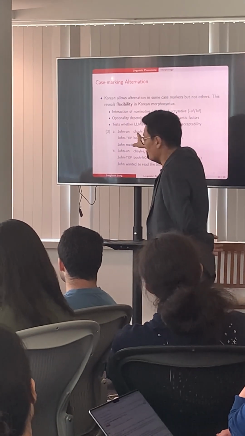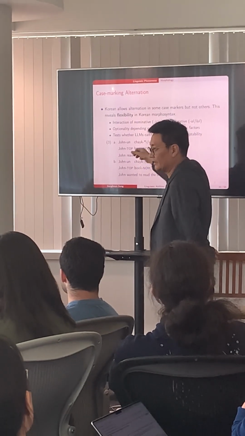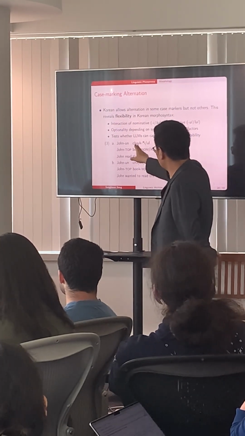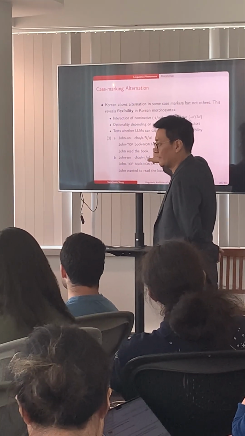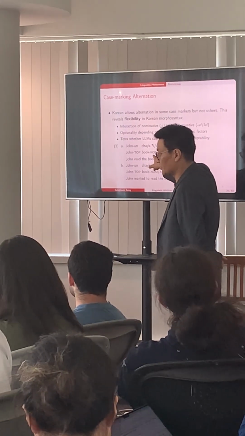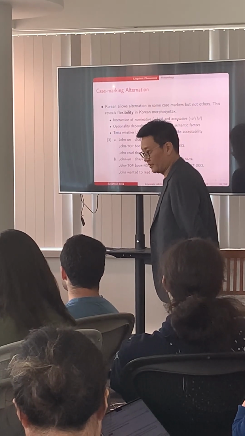In this case, 책 means book, and this one is the object. Given that this is the object, only the accusative marker can normally be attached. If the nominative marker is attached to the object, the sentence sounds basically ungrammatical.